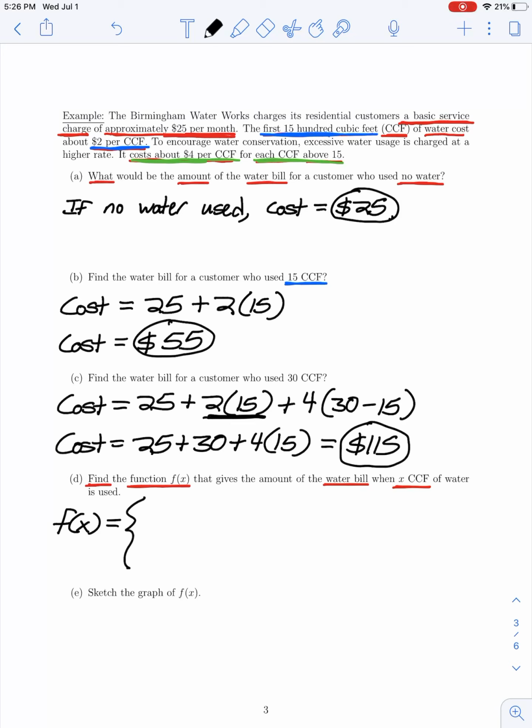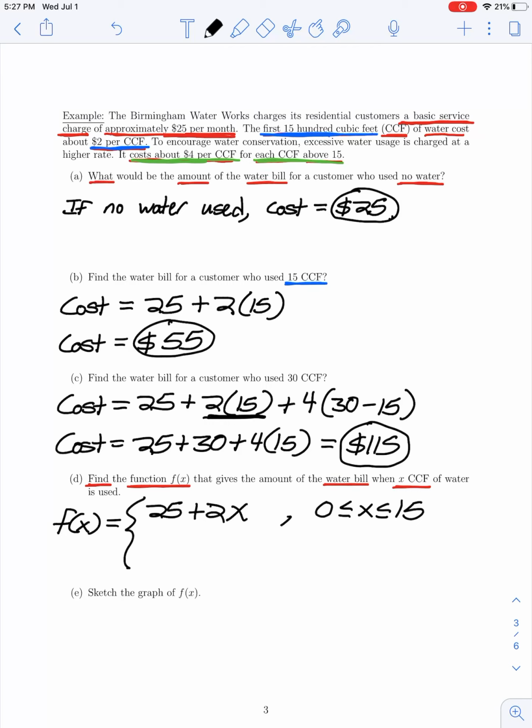So initially, we have a $25 base charge. And for the first 1,500 cubic feet, we're charging $2 per 100 cubic feet. So we would take 2 times x, where x is the number of hundreds of cubic feet of water used, provided that the value of x is less than or equal to 15.